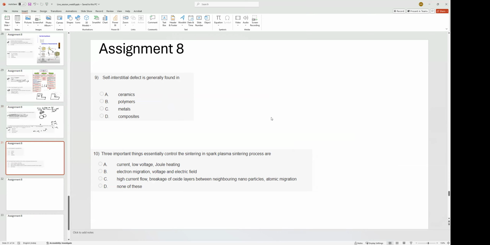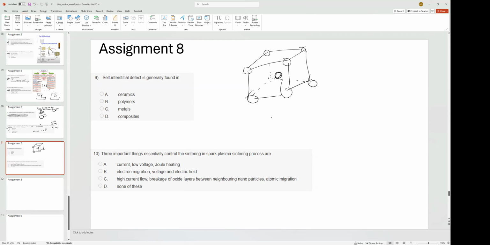Self-interstitial defects. Suppose you have a body centered cubic structure, and then there's one atom sitting at the center.